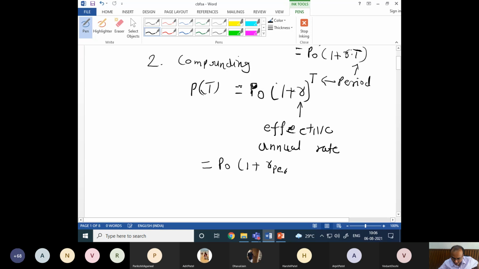So it is 1 plus R period, raised to the number of periods per year multiplied with the duration in number of years, say capital T.